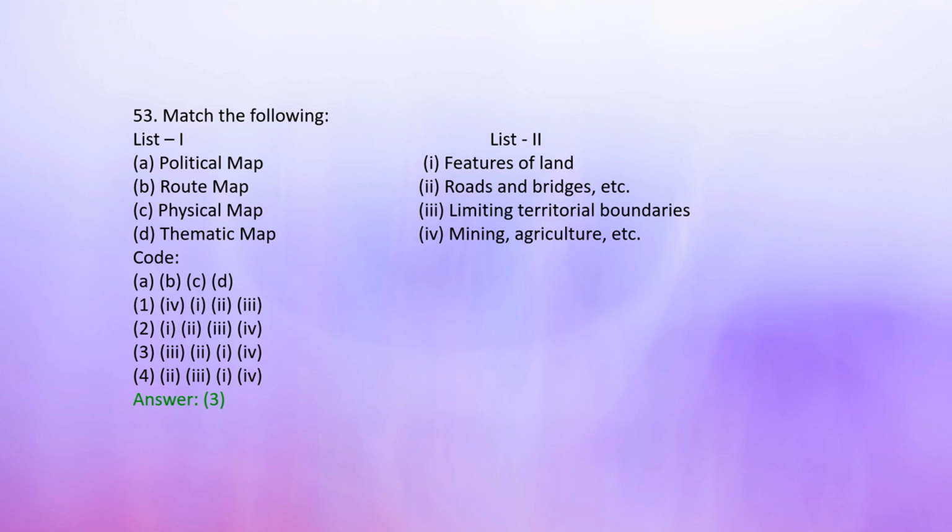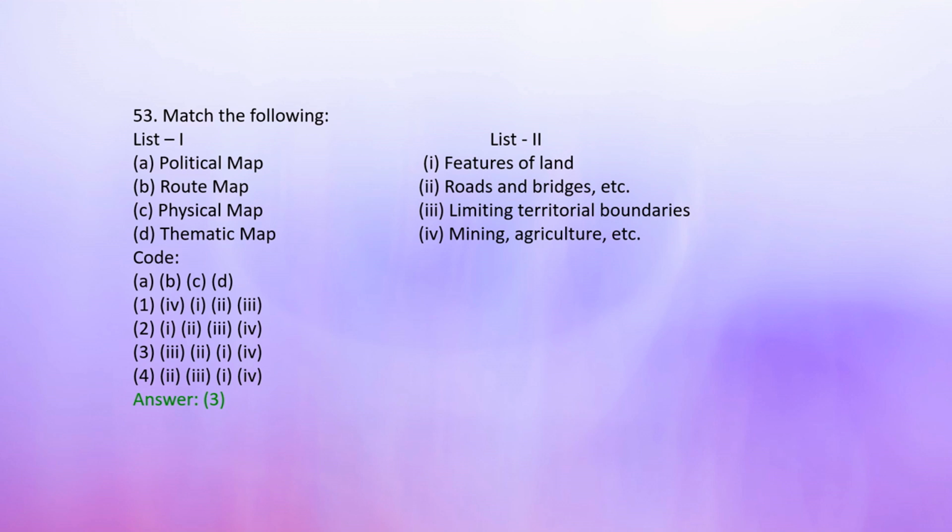Number 53. List 1 political map, list 2 features of land, list 1 route map, list 2 roads or bridges, etc. List 1 physical map, list 2 limiting territorial boundaries, list 1 thematic map, list 2 mining, agriculture, etc. And the correct answer is 3, means A political map goes on limiting territorial boundaries.